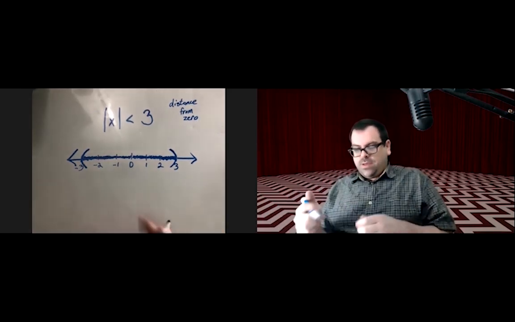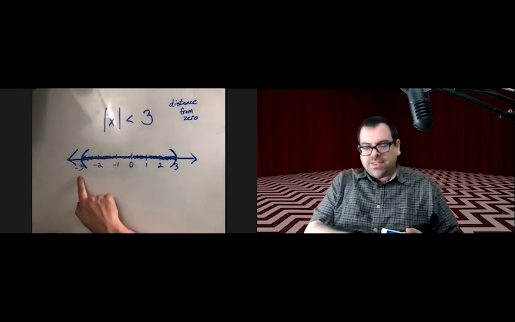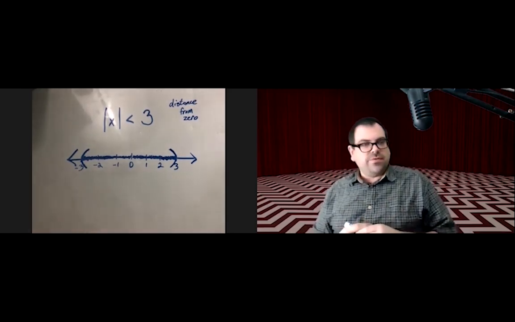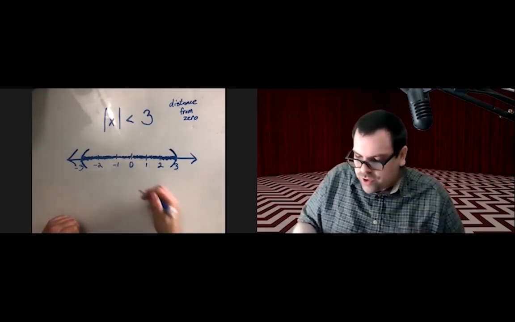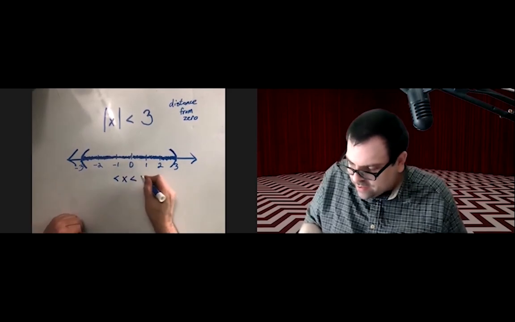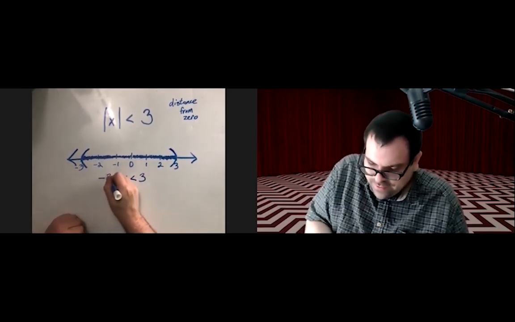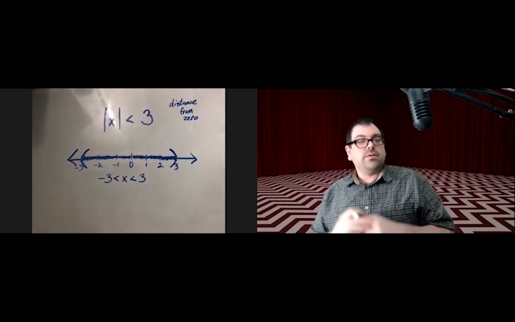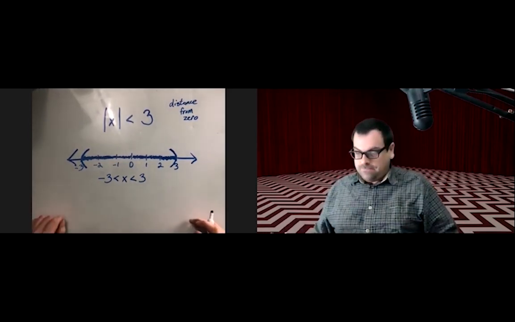This is all the stuff between negative 3 and 3. This solution could be written as a between inequality, all the stuff between negative 3 and 3.